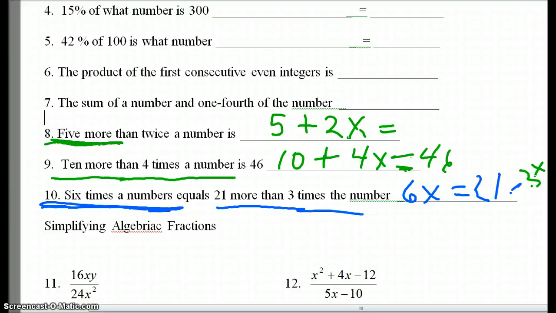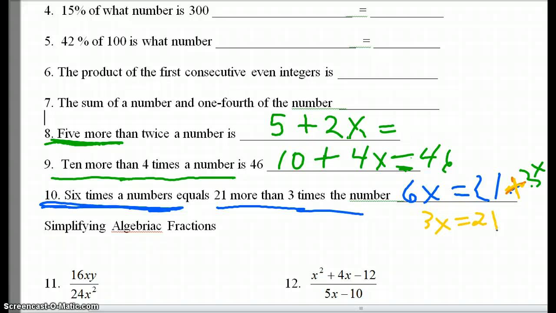So just a quick translate, then sometimes when we solve, we know to add 3 to both, 3 more than, that should have been a plus. I don't know what's wrong with my pen. Plus. Then I want to solve for x, so I'd subtract 3 from both sides. I get 3x equals 21. Stop. Look for your multiple choice answers, and you see that x equals 7.